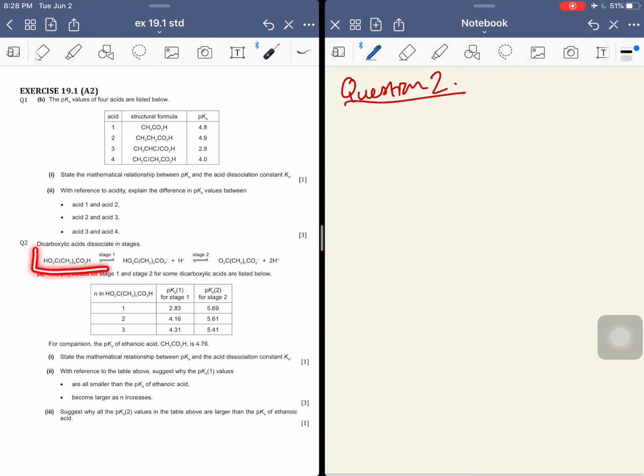If you look at this equation, it is showing you the dissociation or the ionization of a dicarboxylic acid. What is a dicarboxylic acid? A dicarboxylic acid is a carboxylic acid that has two functional groups, two COOH, one on the left side and one on the right side.